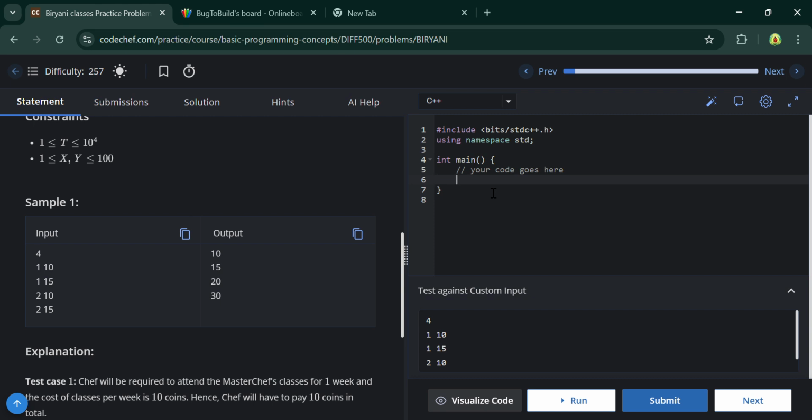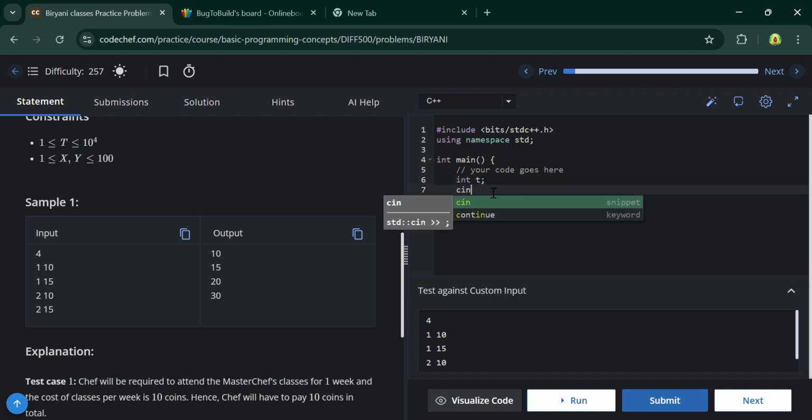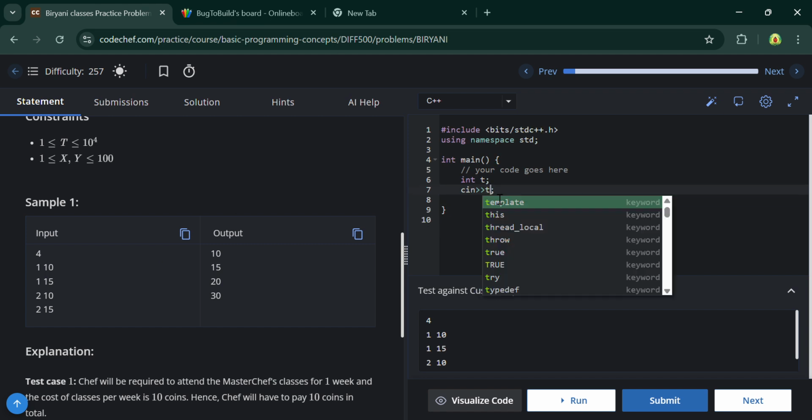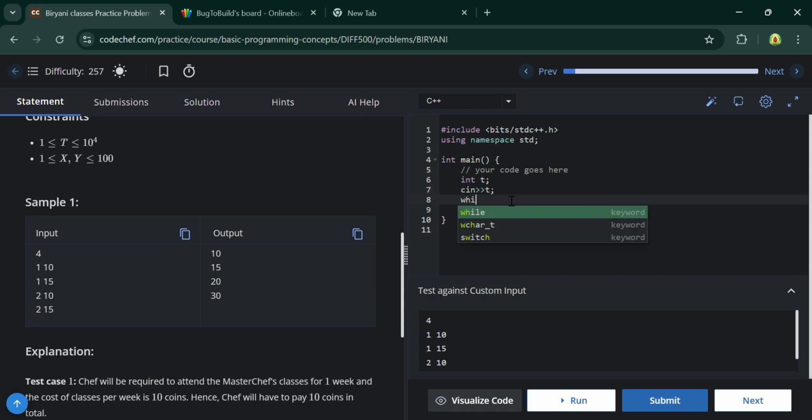Okay, so I hope you understand what this question is telling you. First you have to take the number of test cases, int t, cin t.